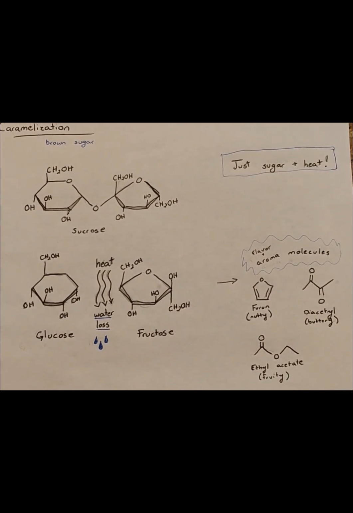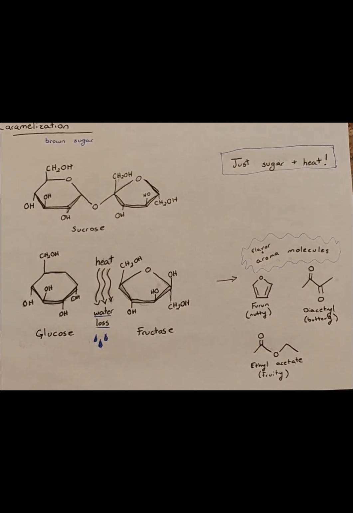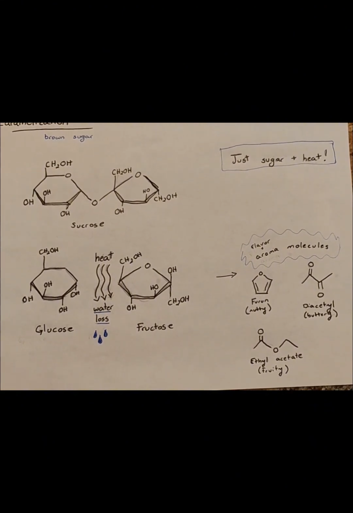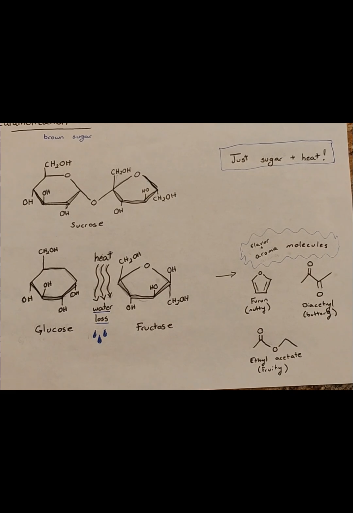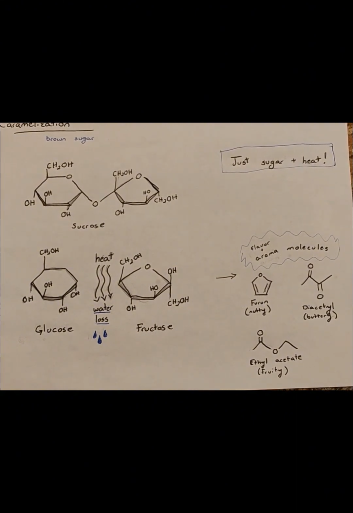And we've actually been able to identify some of them for the flavors that they add. So furan is like a nutty flavor, and ethyl acetate is like a fruity flavor. Again, this is just a little bit different because there's no proteins involved, but it is an interesting reaction as these things can break down and change flavor.